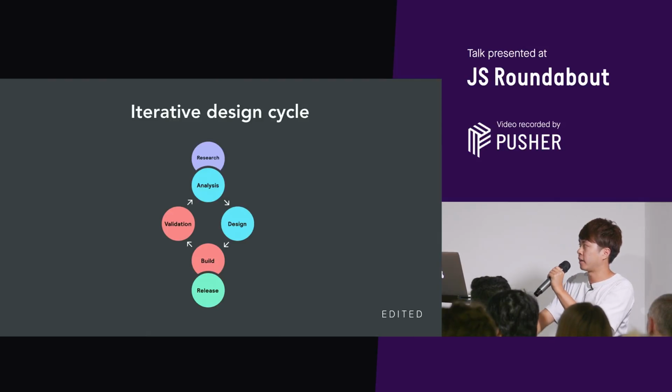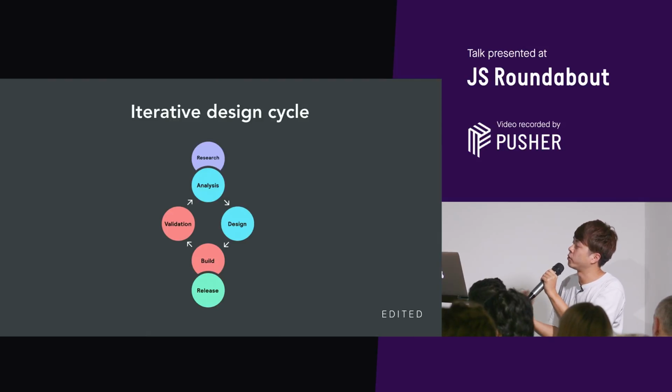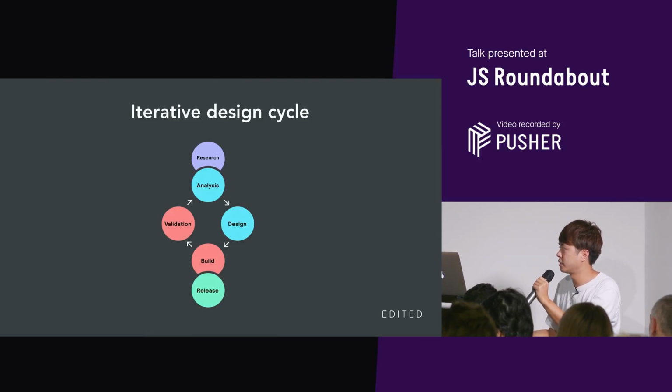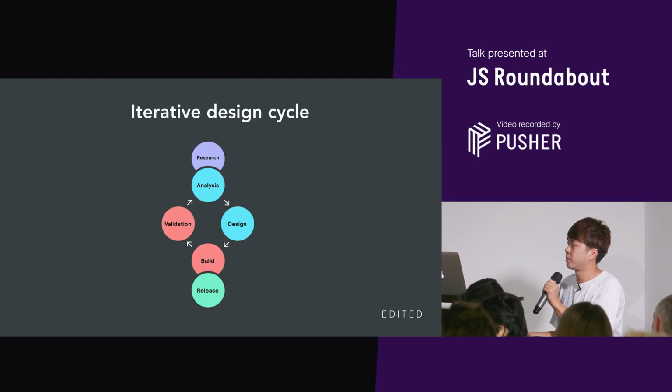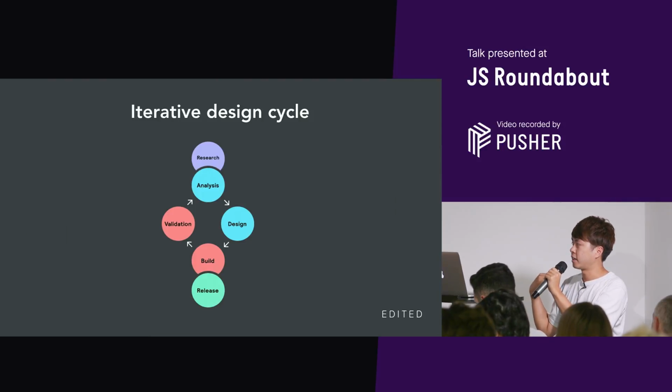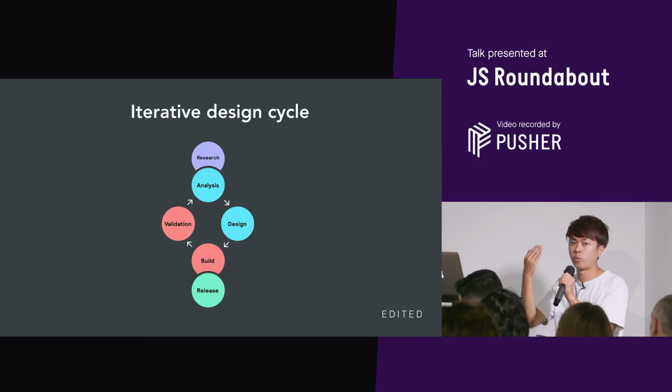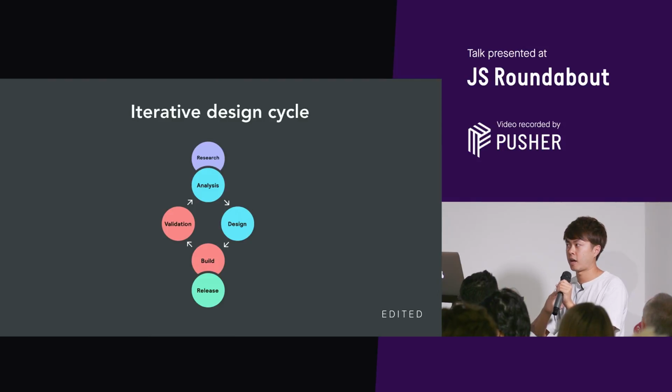We will do analysis, we will do design, we will have developers build it, we will validate, and then we iterate the process until we are happy with the design. Because a lot of the time, if we do design at a very top level and then don't iterate, as one of the audience said before, it's so difficult to consider all the situations and how it looks from bottom to top.